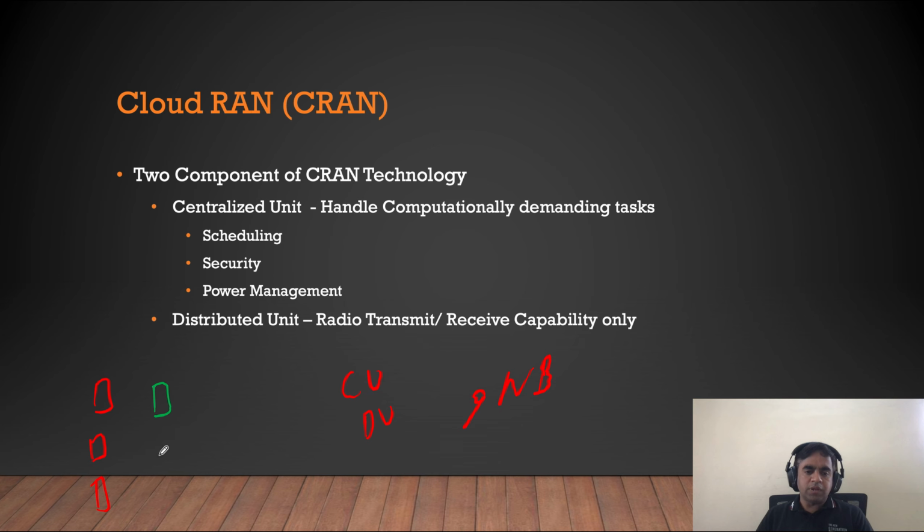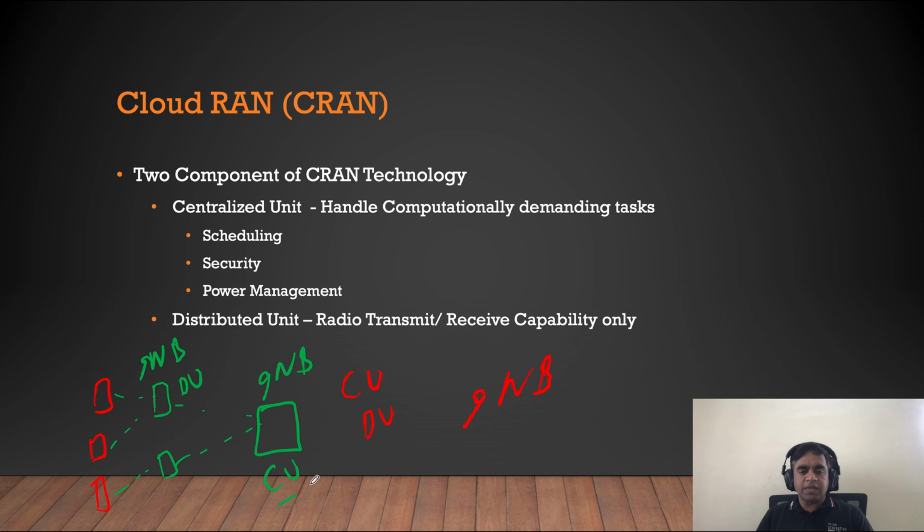So this DU, and then we have this DU. Let's say this DU is serving these two. And then at the back end, you have this centralized gNodeB, which is connected to all the distributed units.